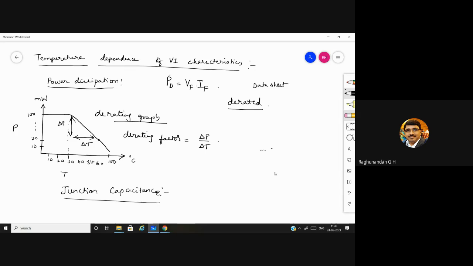Two types of diode resistance we have studied: static and dynamic. The resistance offered by the diode in forward bias for AC is dynamic resistance. The resistance offered by the diode to DC is known as static resistance.